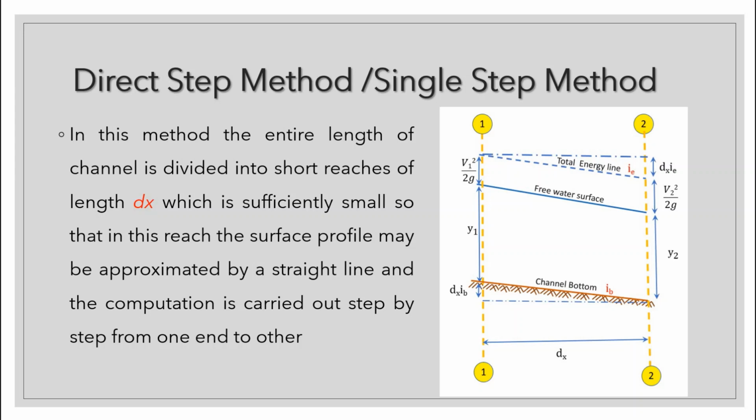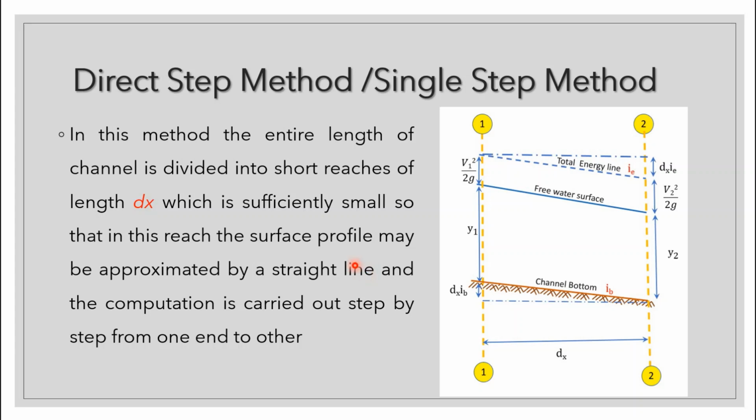is the method which divides the entire length of the water surface profile into small reaches. Let us say dx is the length of one single reach or section, and it is sufficiently small so that the surface profile will be approximately equal to a straight line.